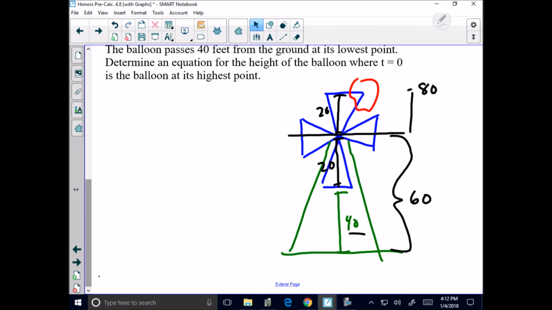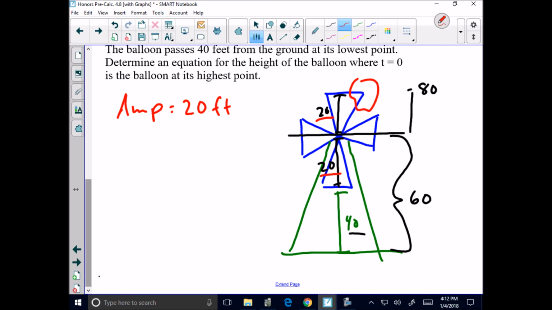Now, what this tells us is that we have an amplitude of 20 feet, and that we are going to be adding 60 feet to the equation with which we model the harmonic motion here to get the height of the balloon.